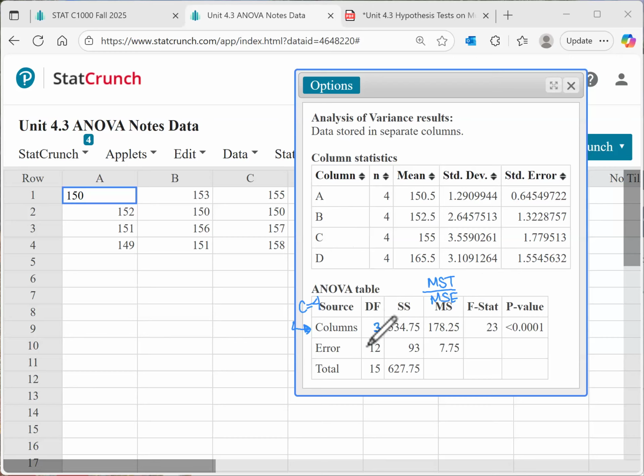Degrees of freedom on top is 3. Degrees of freedom on the bottom is 12. Here's the sum of squares due to treatment. It's 534. Sum of squares due to error, that's 93. And then you simply divide these numbers. So 93 divided by 12 is roughly 7.75.